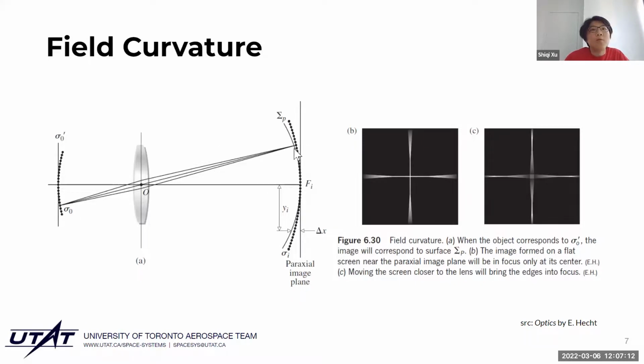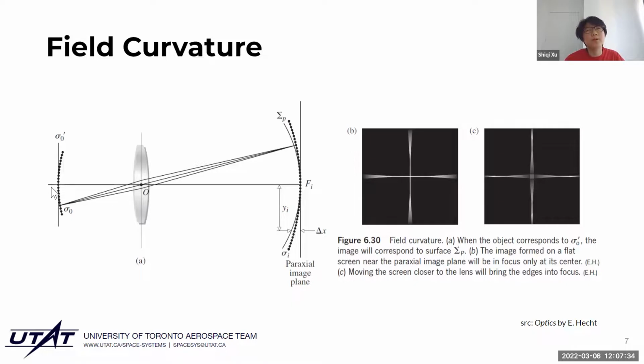And what would happen then is that your flat screen, for example, is not going to be exactly within the focal plane, since your focal plane is curved. So it'll be blurry.